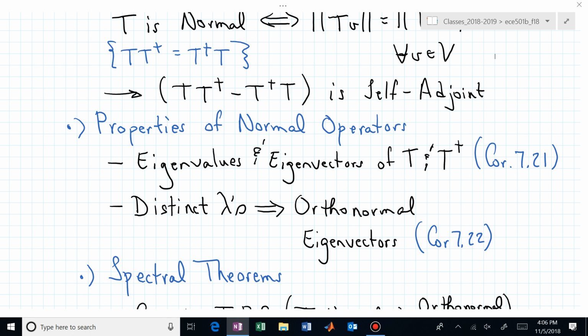Before, when we spoke of distinct eigenvalues for a linear operator, that just gave us what? Linearly independent eigenvectors. Now, if our maps are normal, we can do even more. Now those eigenvectors are orthogonal, not just linearly independent.